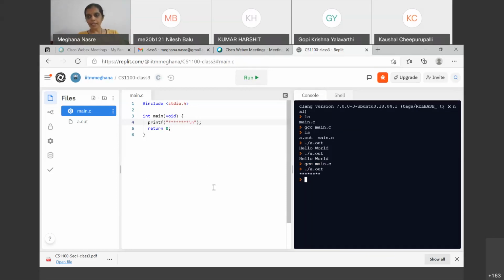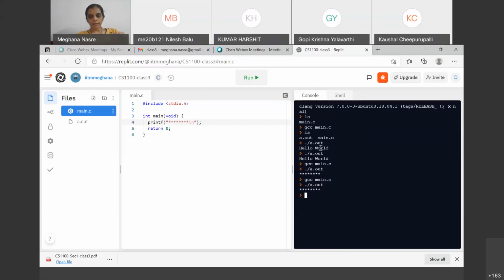If you want to compile a program, you can use the GCC compiler on this right hand side of the panel, which shows console, and you can say GCC main.c, then it will produce an a.out. And if you want to execute the program, then you can type ./a.out, and it will start executing the program. The execution will do whatever you have given the commands in the program.